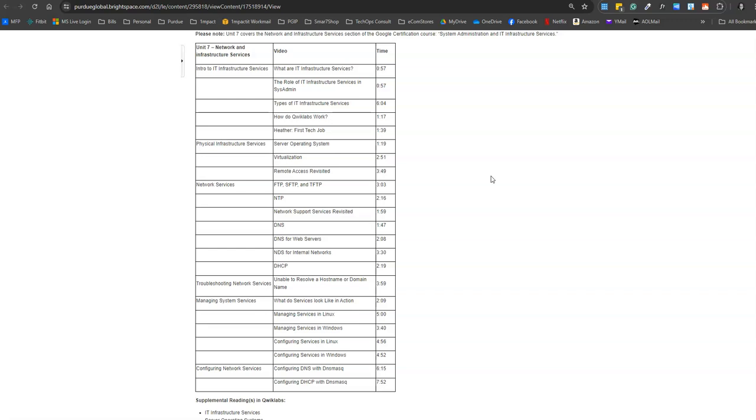That's a good one. Managing system services. What do services look like in action? Managing services in Linux, managing services in Windows, configuring services in both Windows and Linux as well, and then configuring network services, DNS and DHCP.